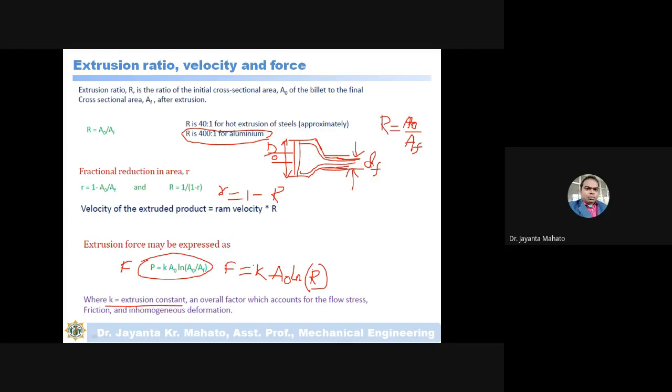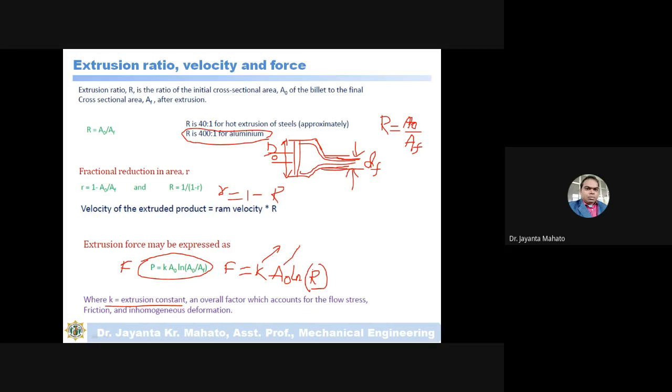From this formula you can calculate the extrusion force required. Here K is a constant value, called the extrusion constant.